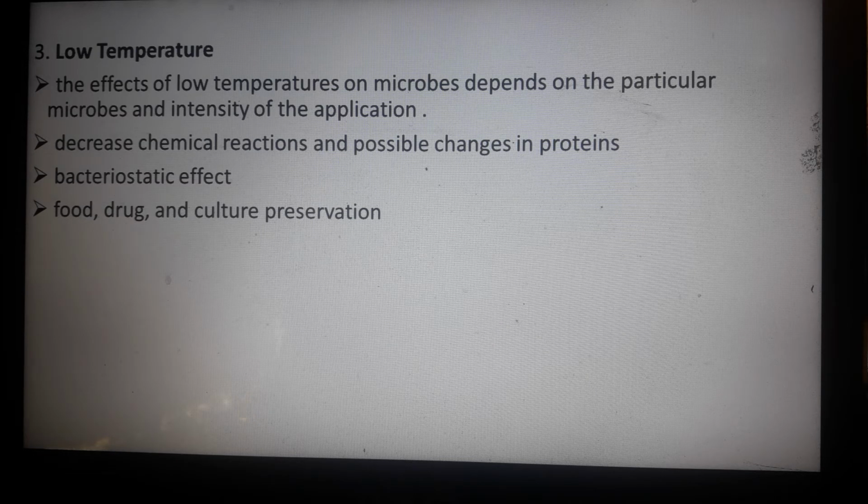If you lower the temperature, it will decrease the chemical reactions, because in chemical reactions energy is used up and heat is involved. So it has a bacteriostatic effect, or inhibits the growth of bacteria. So it is used in food, drug, and culture preservation.